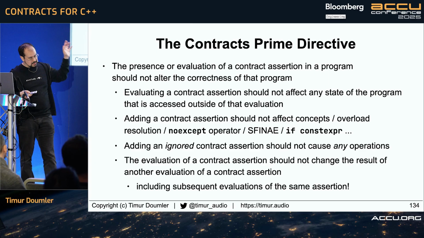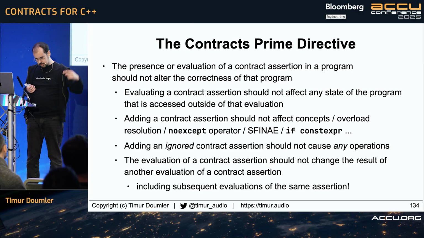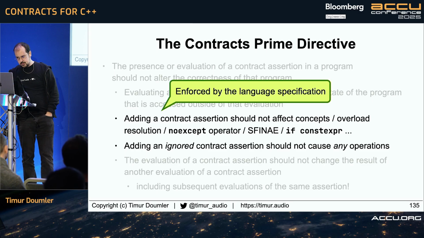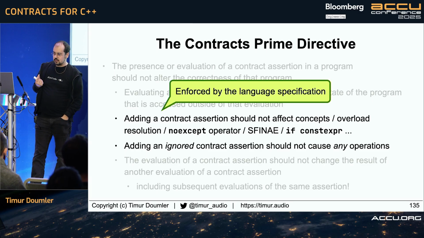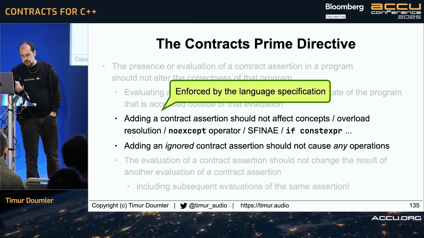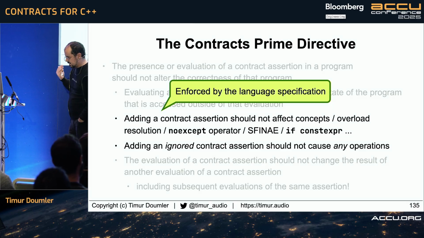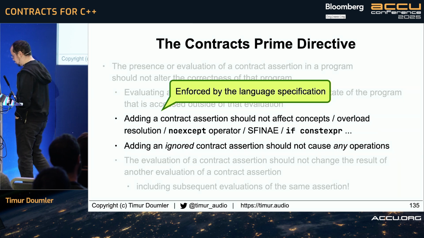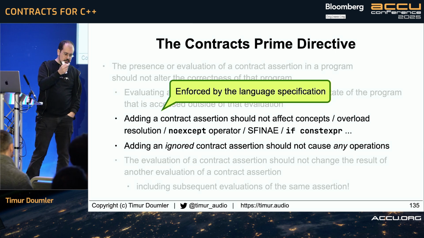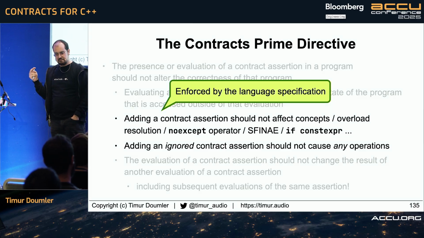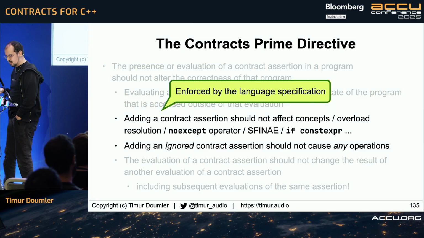So this counter example here, the example with the counter, incrementing the counter. Don't do that. Some of those are enforced by the language specification. We have rules in place so that if you try to sphere on whether an assertion is there, you get a hard error instead. And if you try to put an assertion somewhere in a way that it changes whether a function is noexcept, you will also find that you can't do that.